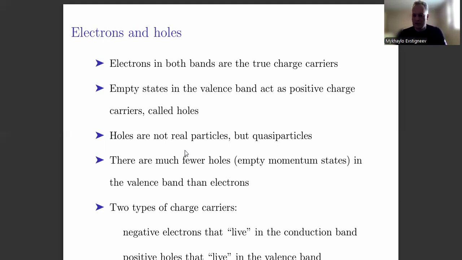Electrons are the true charge carriers, but the number of electrons in the valence band is huge. The number of empty states in the valence band is relatively small. It is much more convenient to describe conductivity of the valence band in terms of those empty states. Treat those empty states as positively charged particles, like holes.